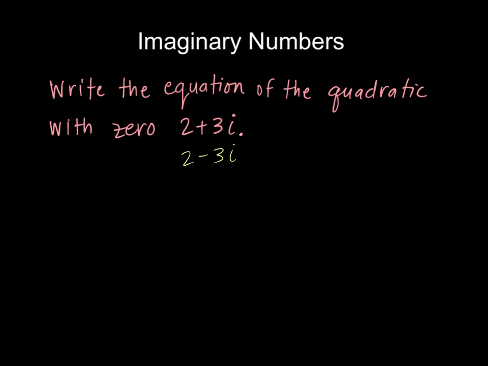If I add these two numbers, my answer is going to be in the form x squared plus something x plus something. If I add these two numbers together, what do I get? If I add them, I get 4 because the imaginary parts go away. The opposite of that is minus 4. So I could say minus 4 plus negative 4, either way.